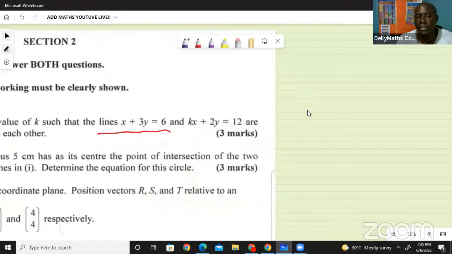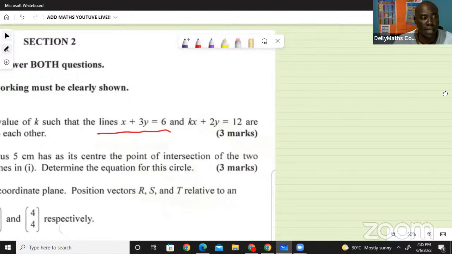When we have perpendicular lines, the product of their gradients gives -1, which means one gradient is the negative reciprocal of the other. So I am going to use that to come out with a value for k.